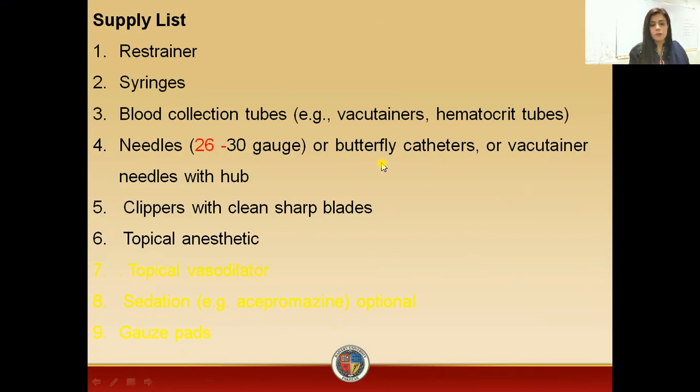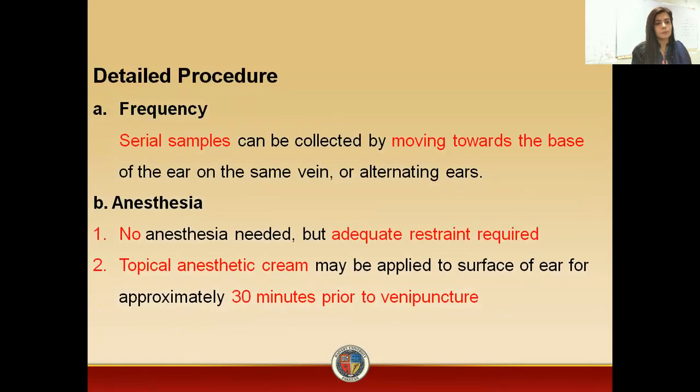You can also use other gauge syringes, depending on your requirements. Then you will need blood collection tubes, then a clipper with clean sharp blades in order to remove the hairs from the rabbit's ear. Then you will need the topical anesthetic. This is quite optional, but you should use it.